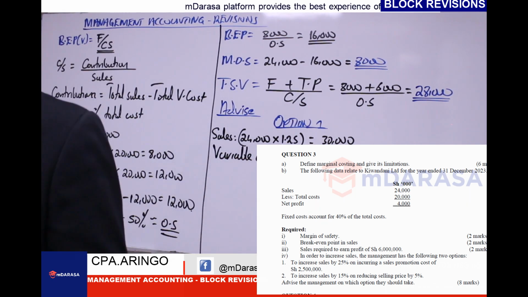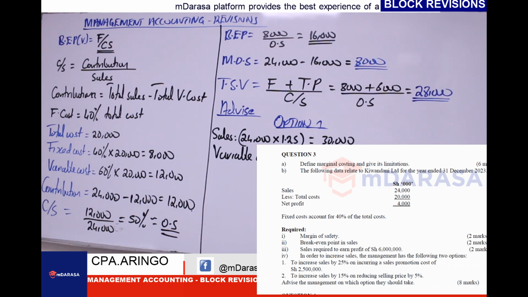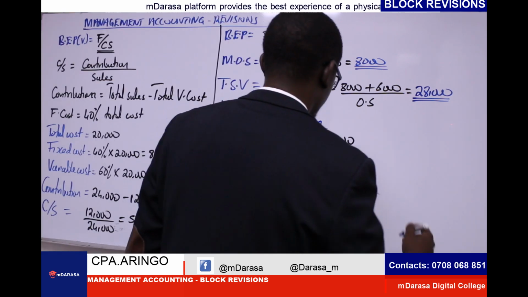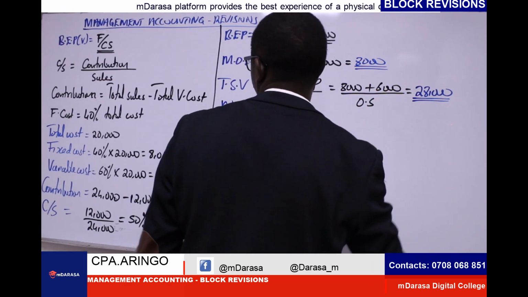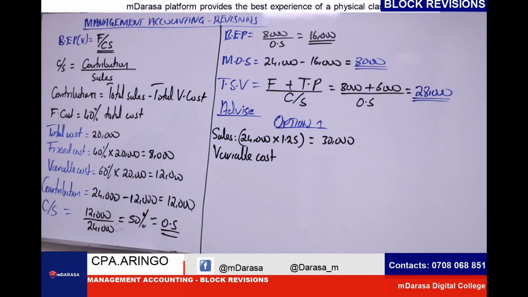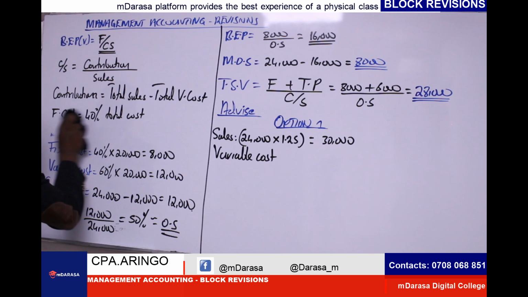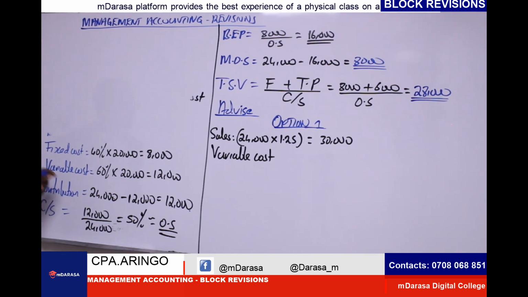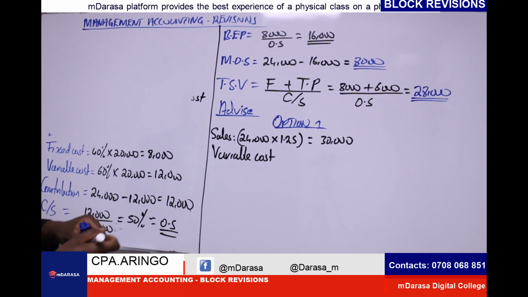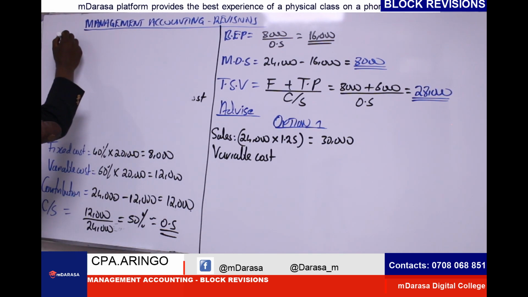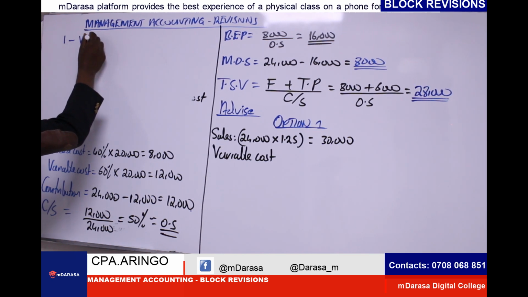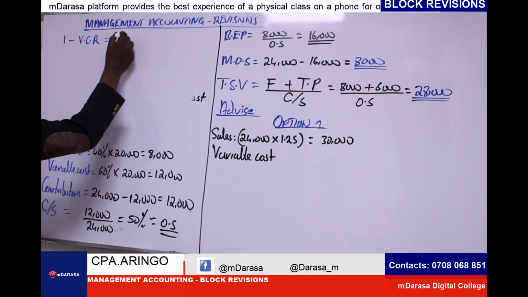Remember, by the concept or knowledge that we studied earlier on, just to take you back here, when we are talking about the concept of ratios, we normally tend to say that 1 minus the variable cost ratio, VCR, will always give us what?